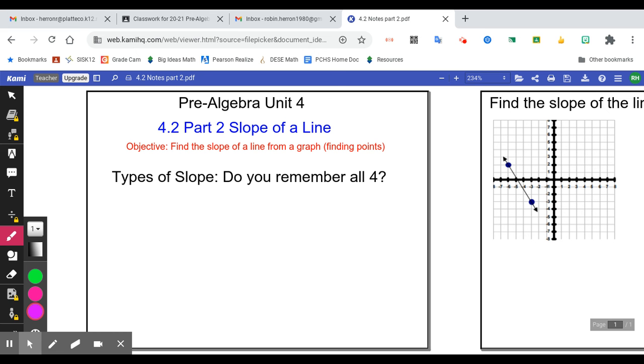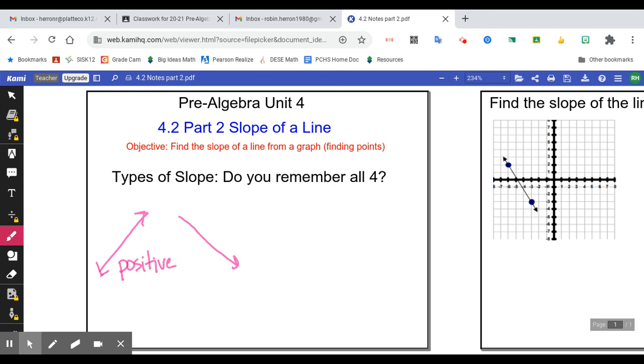Okay, so let's start by reviewing. Do you guys remember the 4 types of slope? Hopefully you're saying yes right now and thinking about them in your head. So the first one we talked about went up from left to right, which was called positive slope. Then the opposite would go down from left to right, which would be negative. Then we had our flat driveway, which has 0 slope.